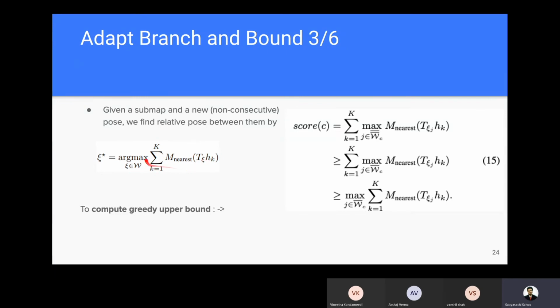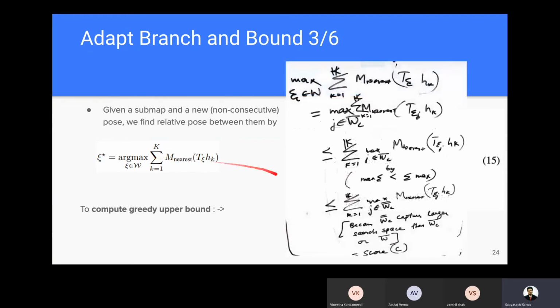Now we can actually change this equation, so I've rewritten it here. At any point we are only interested in solving for WC bar points.